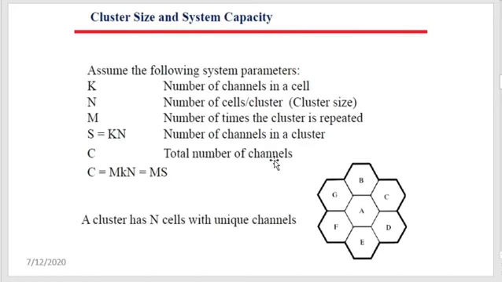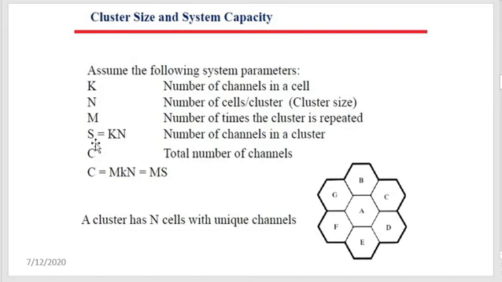C is the total number of channels. Actually, the total number of channels is represented by C, and S is basically the number of channels in a cluster.